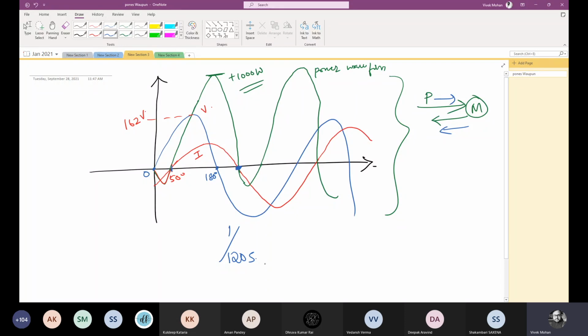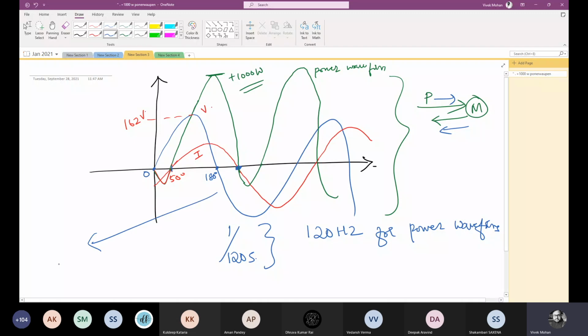This means that my frequency is, what is my frequency? 120 hertz for the power waveform. And for the voltage and current waveform, my frequency was 60 hertz.